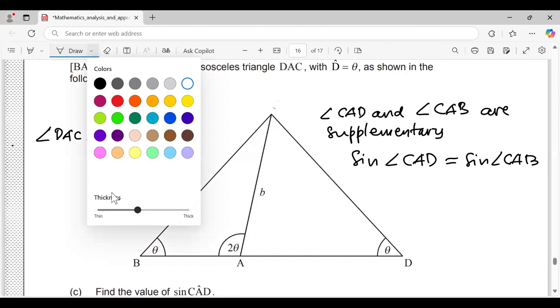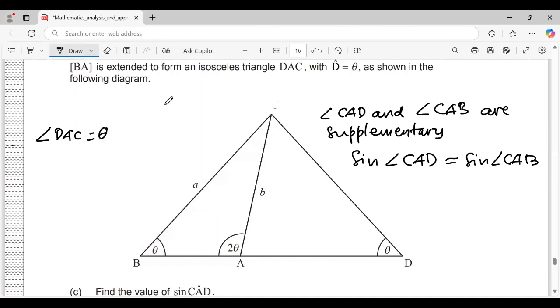I have to erase to clean first. Okay, I will extend this straight line, and this straight line as well. And then I'm going to create a straight line parallel with BAD.